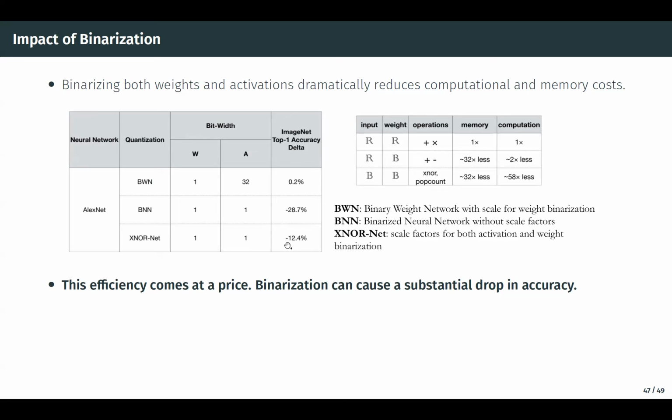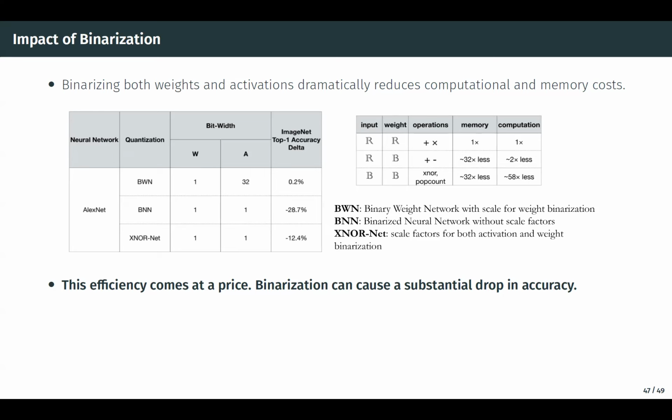You really lose more because you're only representing this in just 1 bit. But of course, the benefit is that we are gaining a lot in terms of memory. You reduce the memory by 32 times and the computation by approximately 58 times, meaning this would be extremely fast. But again, we have this trade-off of losing some accuracy.